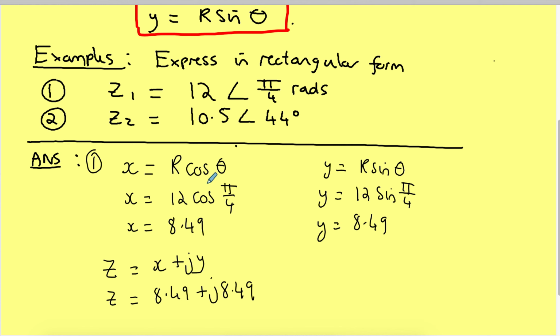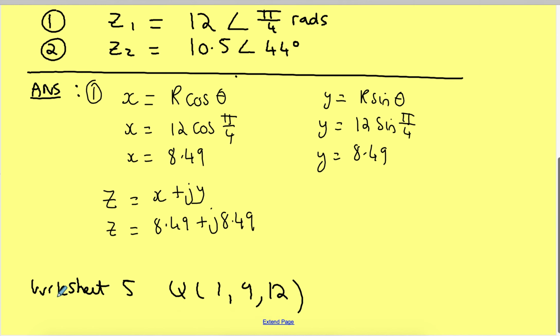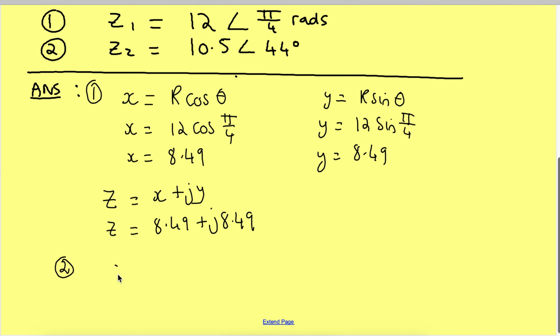Right, let's try this next one. Example number 2. I'll remove this because this is obviously what I've done before. Right. So example 2. So remember, x this time is going to be 10.5 cos 44 degrees, and y is just going to be 10.5 sine 44 degrees.